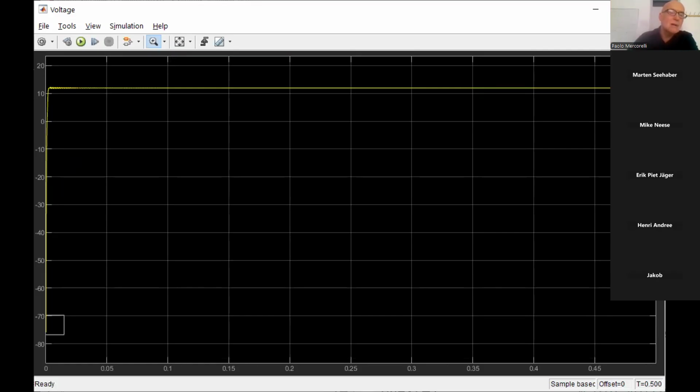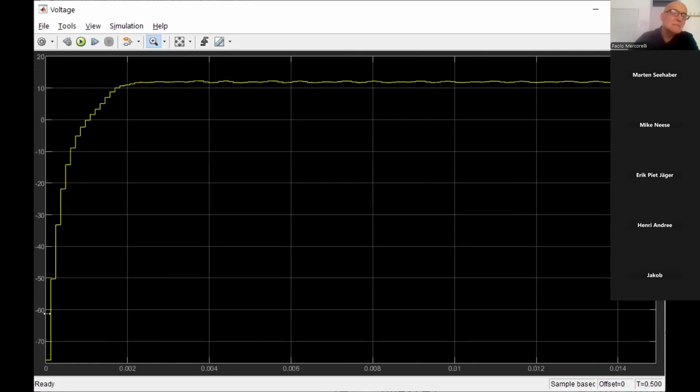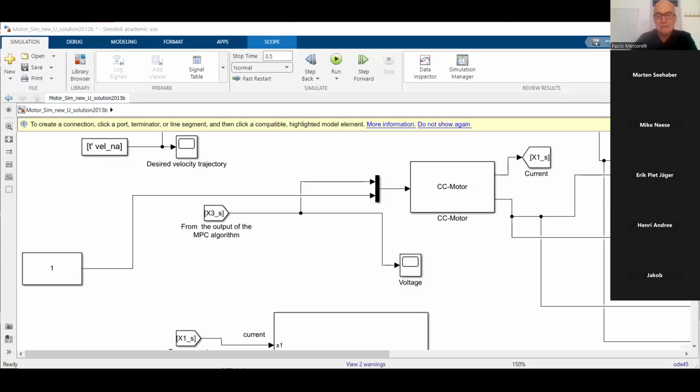Not so many oscillations. Of course, the amplitude is not so small, but anyway, less than before. But what will happen in the output? Let me show. The output is not so precise. Let me see. We can see.